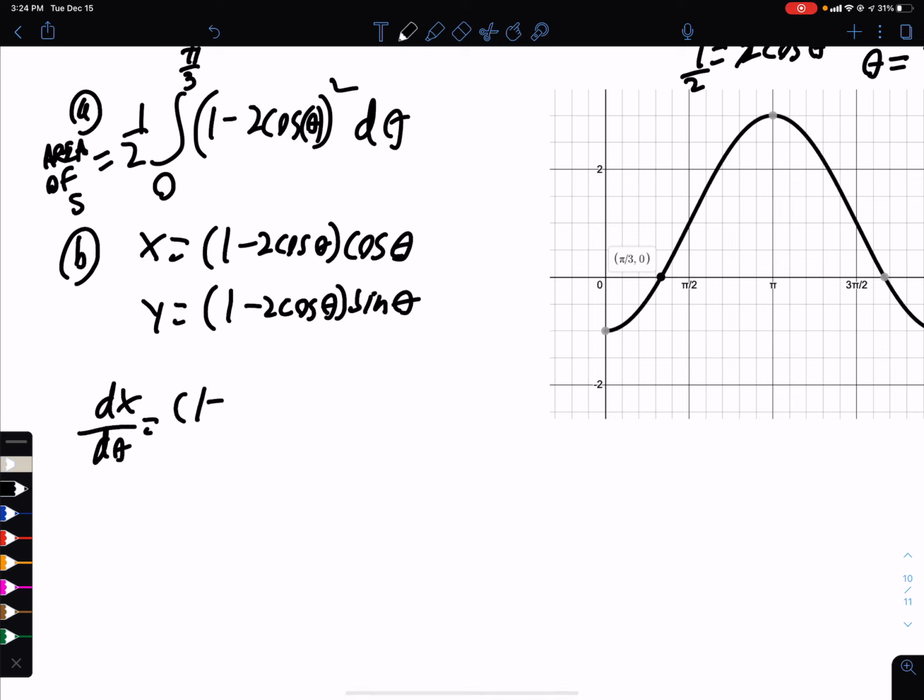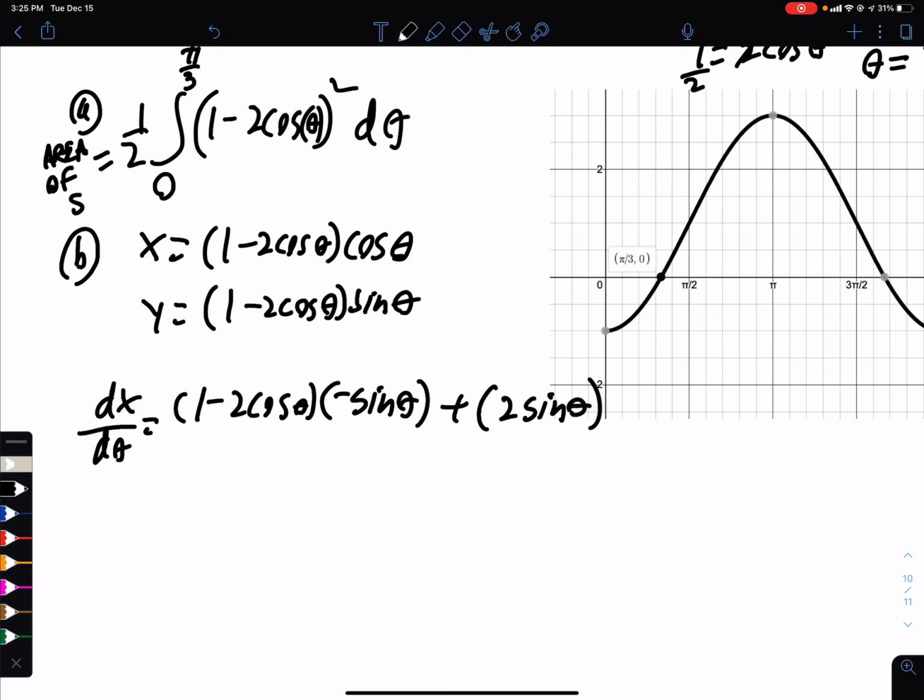Leave the first alone. Take the derivative of the second. Plus, take the derivative of the first, which will be 2 sine theta, and leave the second alone. So I get that.